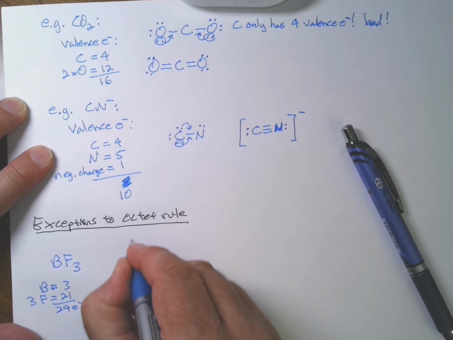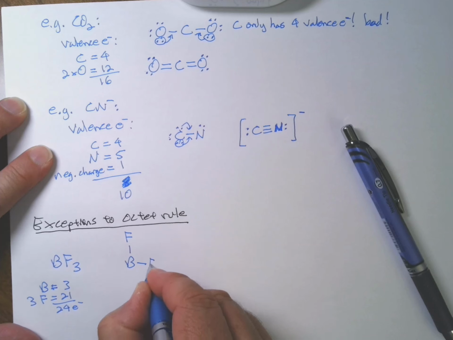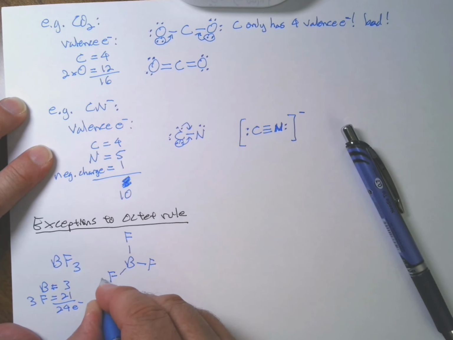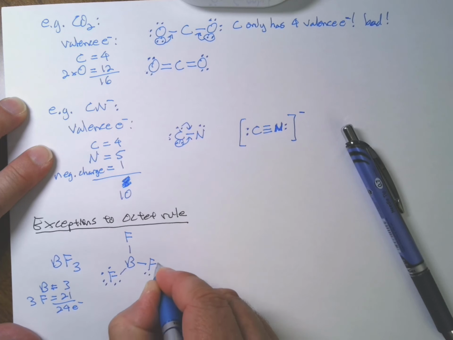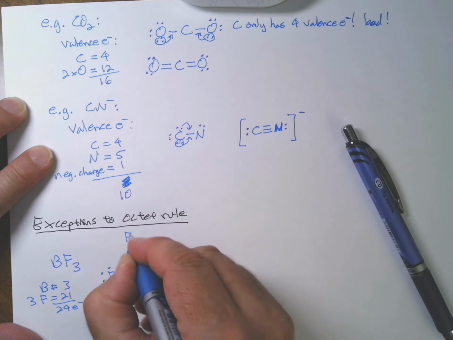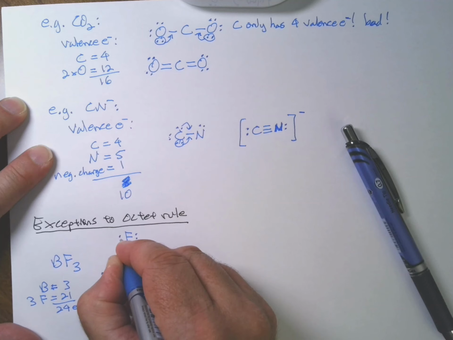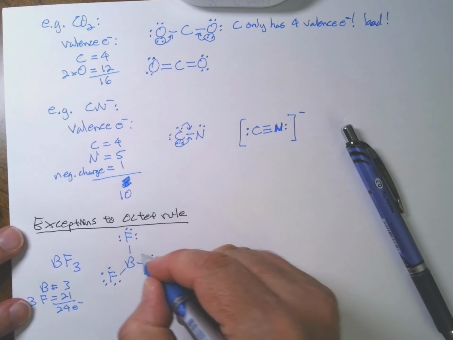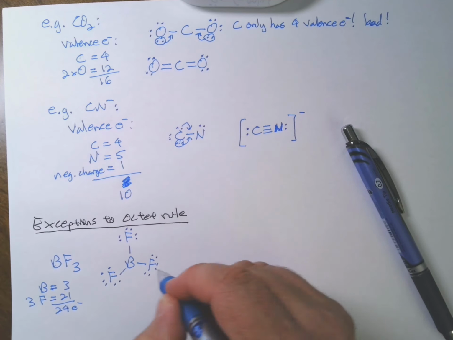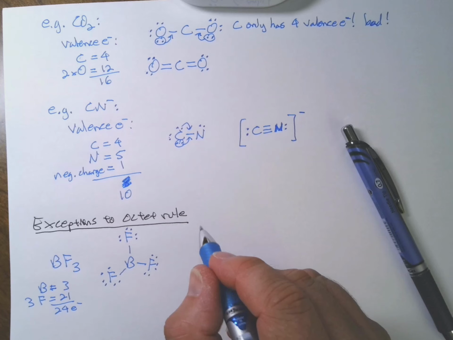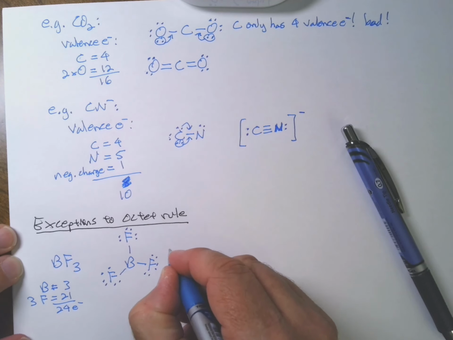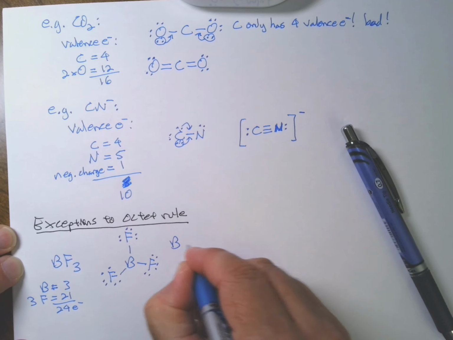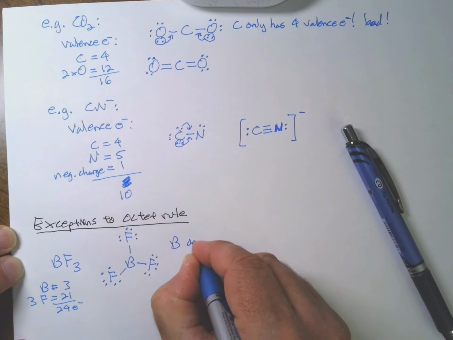So boron, F, F, F. And so I could try moving and pushing electrons around to make some multiple bonds, but those actually give me problems with that formal charge that I mentioned a little bit earlier.